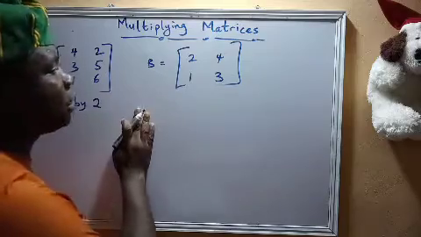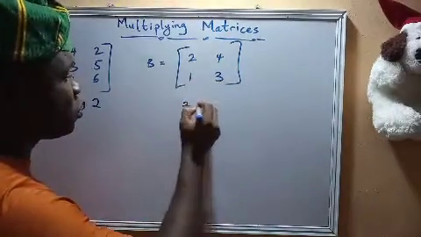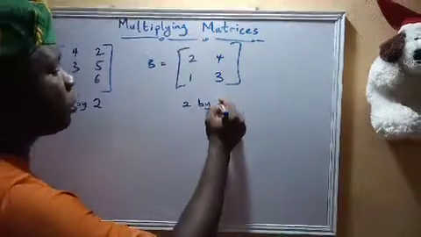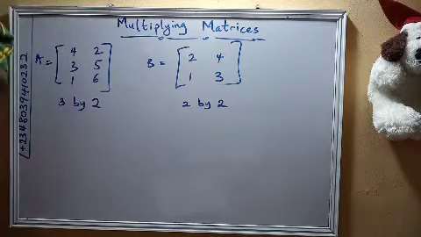Now let's look at matrix B. Matrix B has 1 row, 2 rows. So 2 rows by how many columns? 1 column, 2 columns. So this is a 2 by 2 matrix, while A is a 3 by 2 matrix.